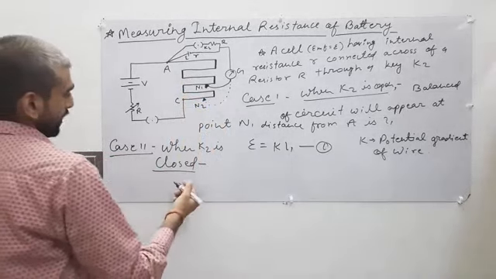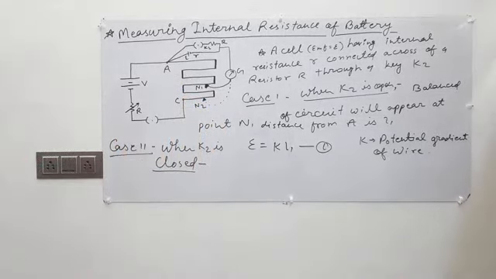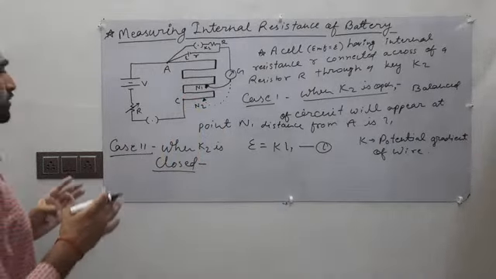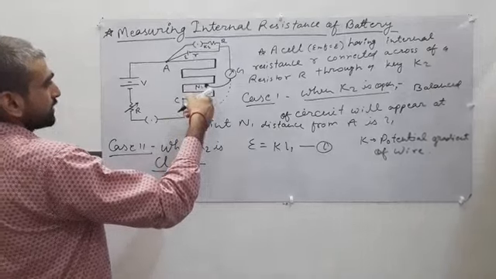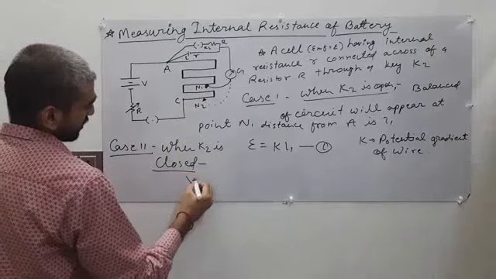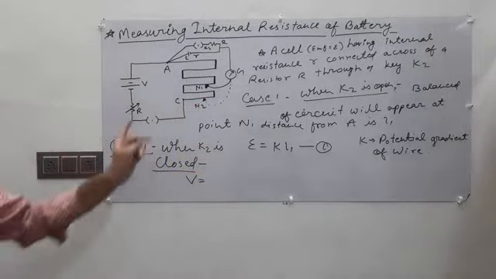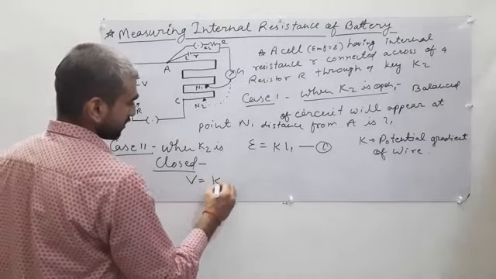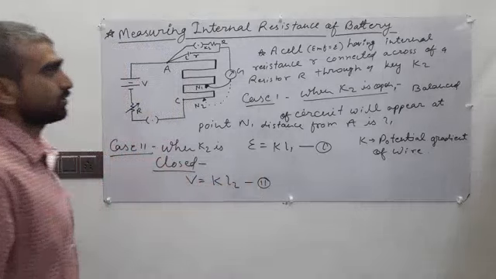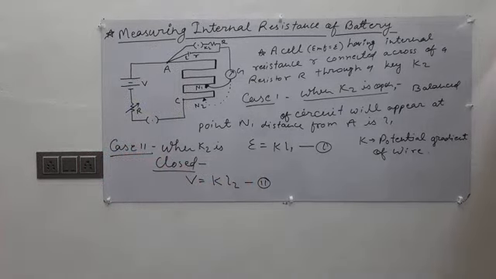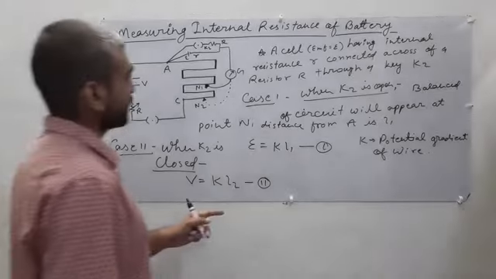So, according to potentiometer formula, the voltage difference at N2 is V equals K L2. This is equation number 2.